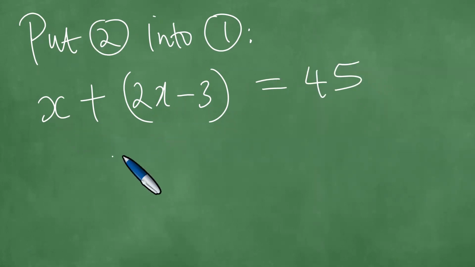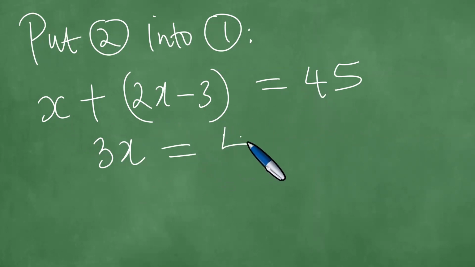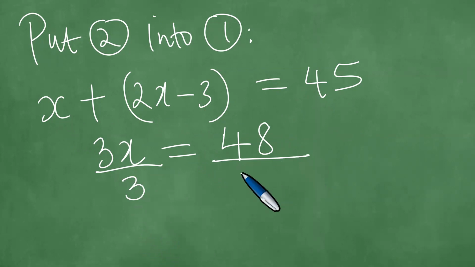And therefore, we have x plus 2x, which gives us 3x, and the 3x is equal to 45 plus 3, which is 48. Upon careful examination, we can divide the left by 3 and divide the right by 3, obtaining x equals 16.